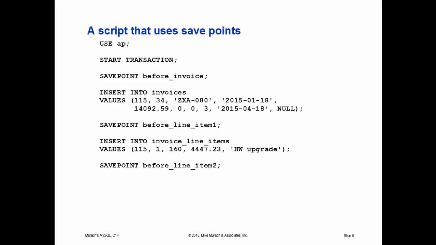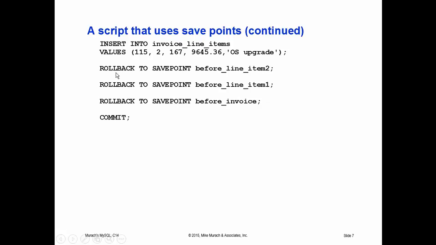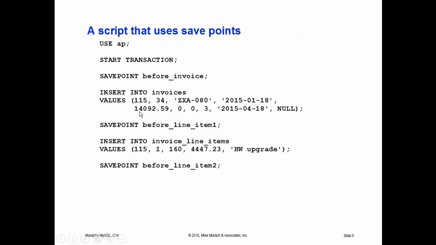All right? Now, this is a little bit harder to understand right here, these save points. Because when you roll back, you can set up save points. So notice here that I've set up 1, 2, 3 save points. All right? So now I can say, okay, if there's a problem, I can roll back to any of these points.